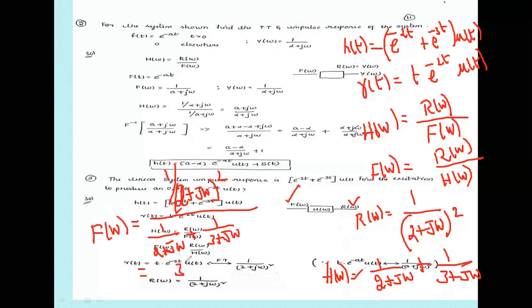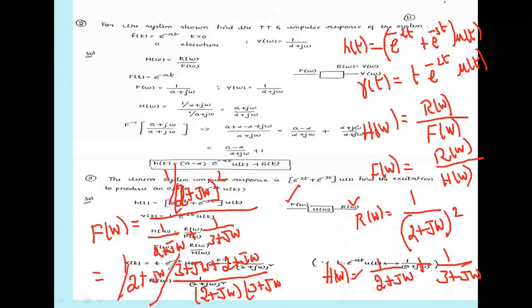You'll get the 3 plus j omega in the numerator here plus 2 plus j omega, whole divided by 2 plus j omega into 3 plus j omega, which is totally numerator only, and in the numerator we have 1 by 2 plus j omega whole square.